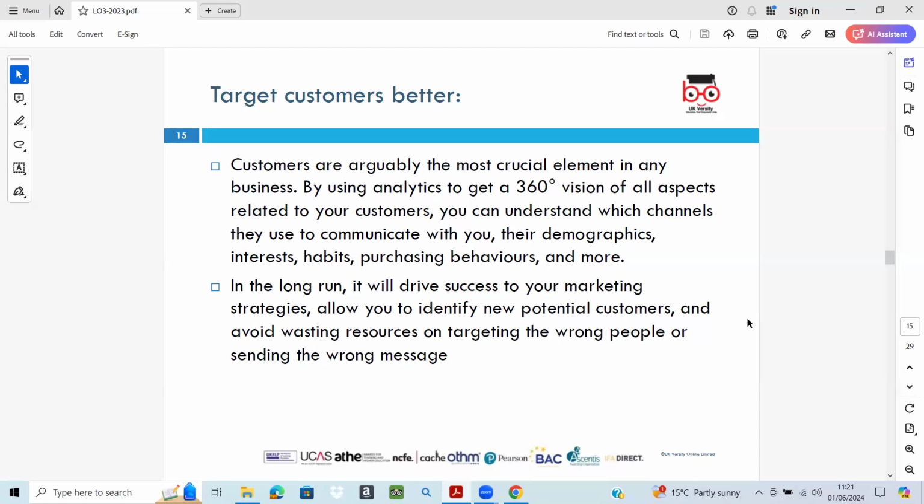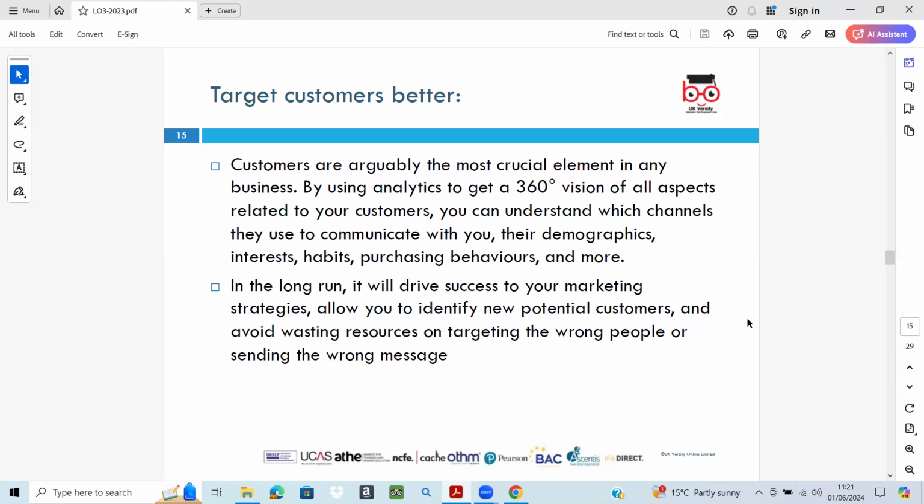So we have behavior patterns. By analyzing customer behavior, businesses can identify purchasing habits and preferences. They might see the browsing history and interaction with the brand to create personalized and targeted marketing campaigns.